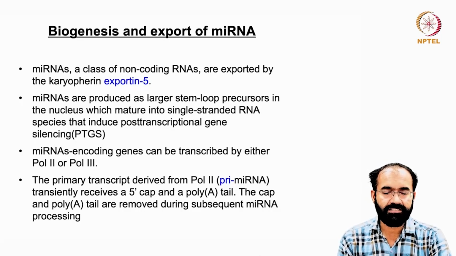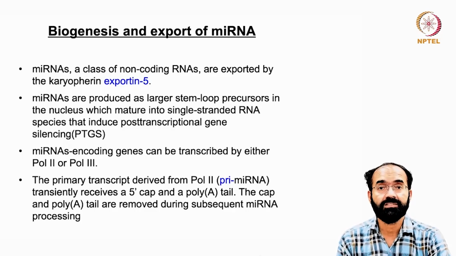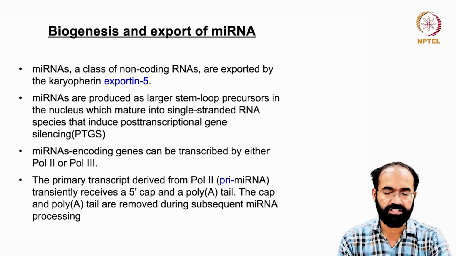The primary transcript derived from polymerase 2, we refer to as pri-miRNA, that is primary microRNA, and it transiently receives a 5' cap and a poly A tail, because that is embedded inside the intron of some other gene. The cap and the poly A tail are removed during subsequent microRNA processing.